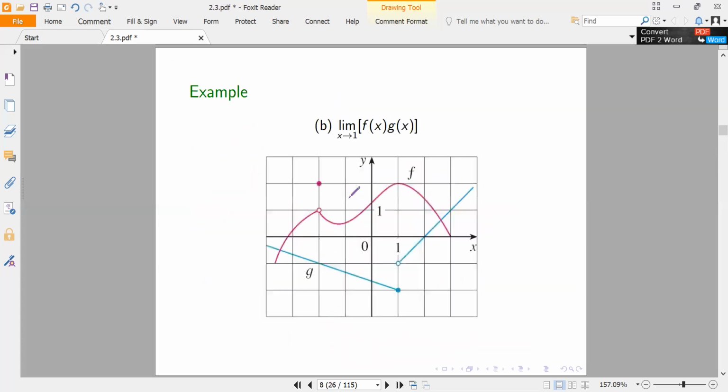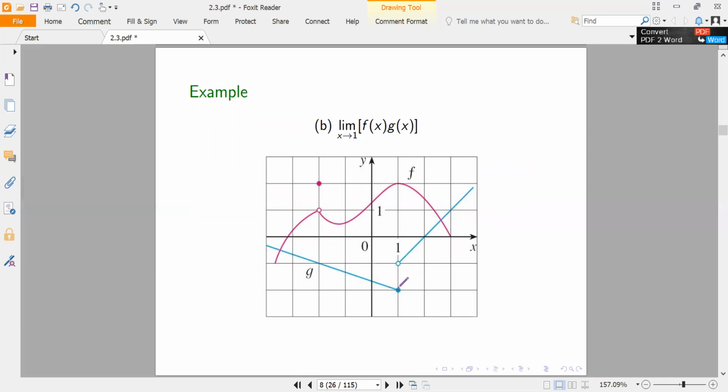Let me go to number B. We said the limit does not exist because approaching 1 from the left and from the right are not the same. So to evaluate this, instead of saying that the limit exists, you may rather look at one-sided limits and not at x approaching 1. Separate the two and evaluate the limit approaching 1 from the left and the limit approaching 1 from the right.